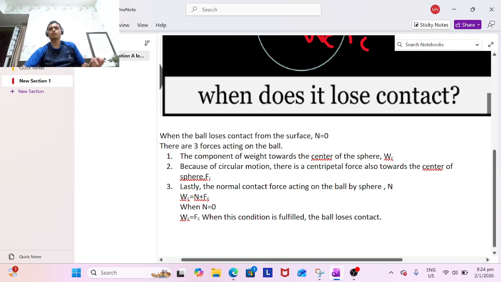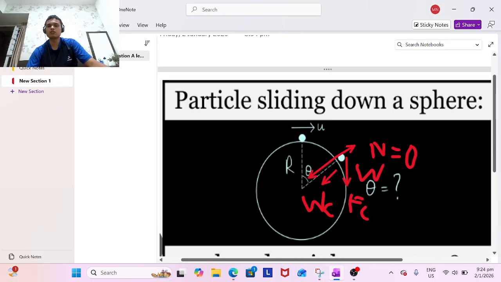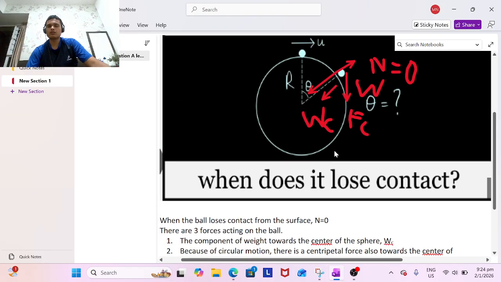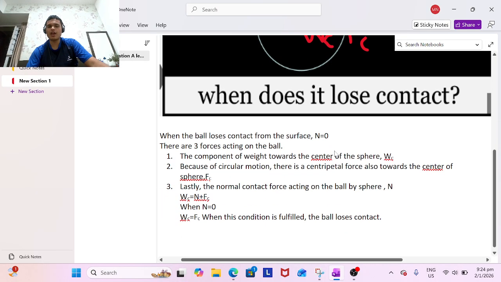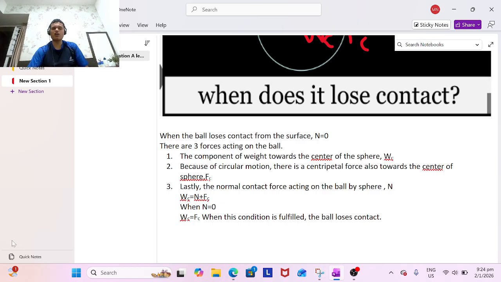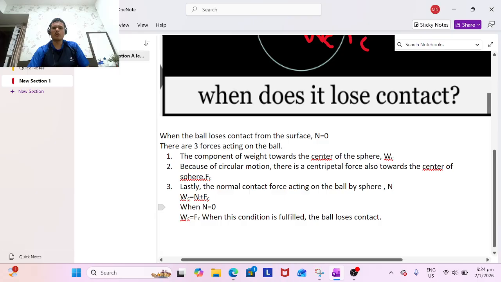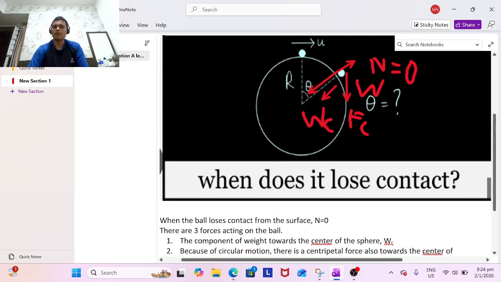Okay, so first we have to find out what is the component of weight towards the center of the sphere.